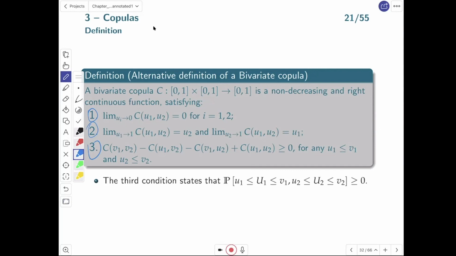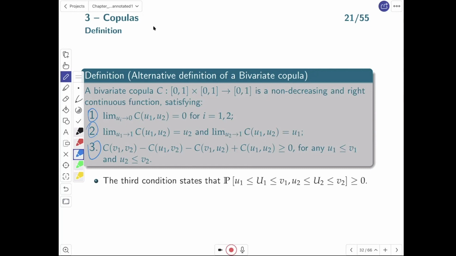A copula function is a joint CDF, and that's equivalent with saying it has to satisfy these three conditions. Right? The first definition on the CDF helps you to understand what is a copula. Right? A copula is a joint CDF. It gives you probabilities. Right? We understand joint CDFs, and therefore we understand copulas. So from a theoretical, intuitive point of view, definition one, it's the one you want to use.